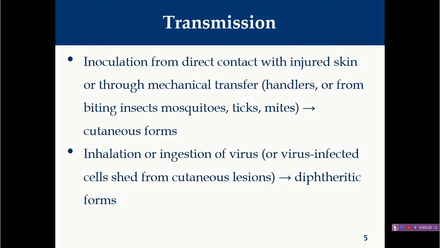But one study, conducted very long back in India, showed that in any route of infection, the virus will reach the internal organs, replicate inside them, and then produce disease either in skin or in internal organs. Generally, by any route, the virus will replicate inside internal organs like the spleen, liver, and other organs.